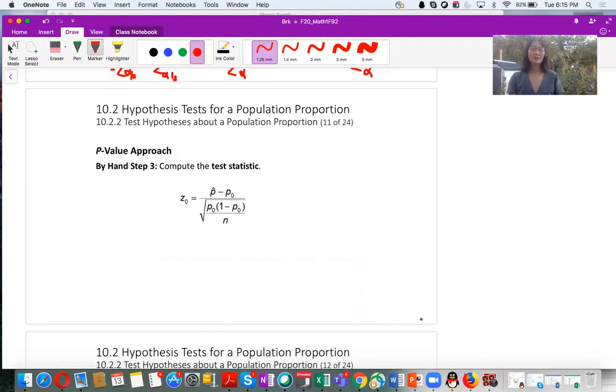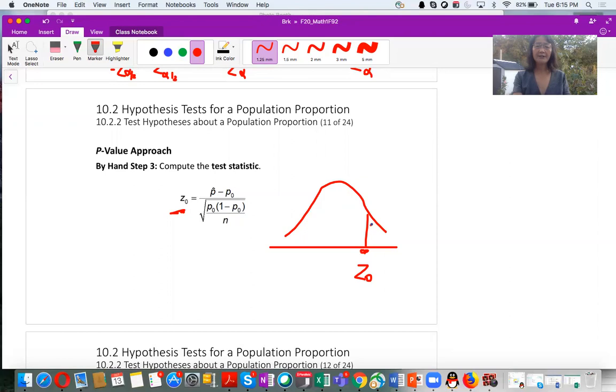For the p-value approach, again, you need to calculate the test statistic first, Z0. Suppose this is your test statistic. This area is the p-value if it is a left-tail test or right-tail test. If it is a left-tail test and you get Z0 here, this area is the p-value.